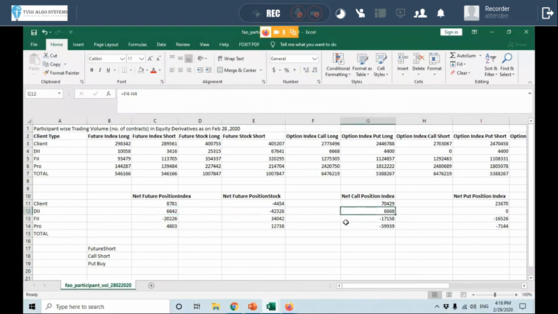In call they have not bought much, and put short they can't do. DIIs can't short put, only they can do call. They can just hedge their position. They can't speculate, because in derivative trading, shorting without hedging is called speculation. So if they have any cash buying, they can do call writing.